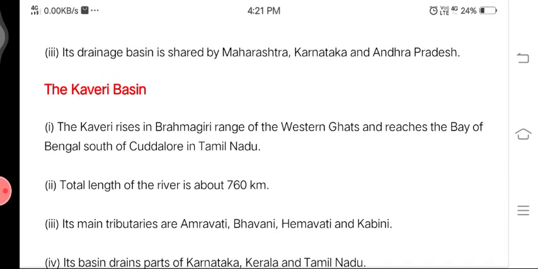The Kaveri Basin. The Kaveri rises in the Brahmagiri Range, which is in the Western Ghats, and reaches the Bay of Bengal south of Kudalur. Kudalur is a place in Tamil Nadu.